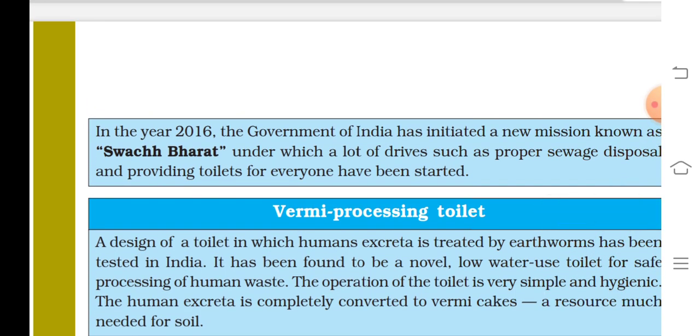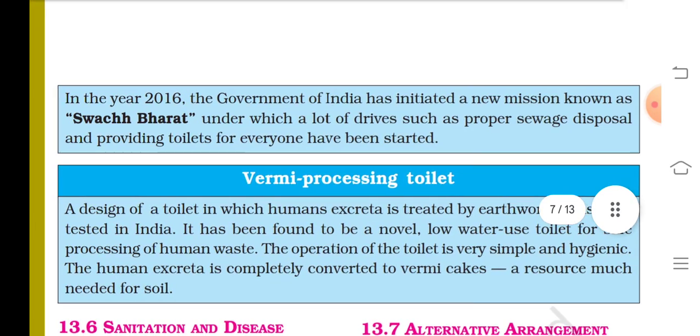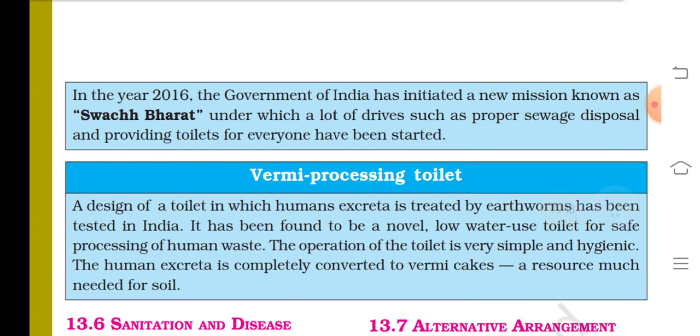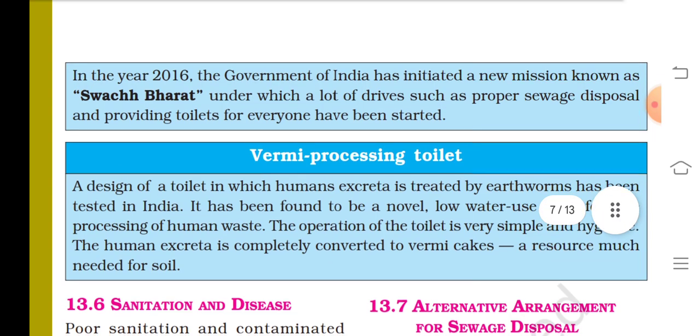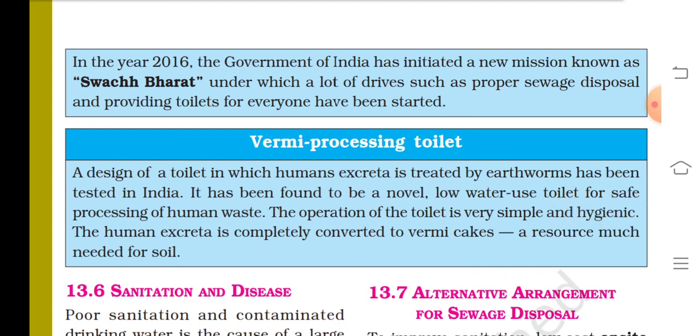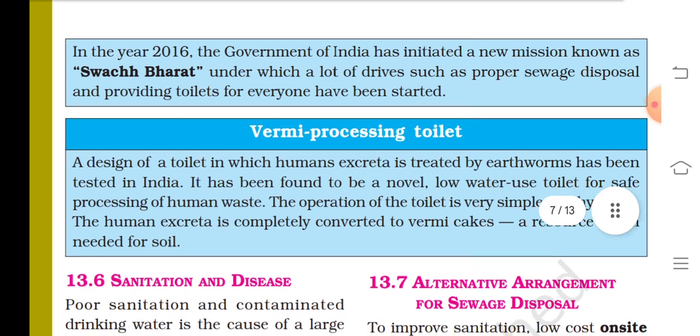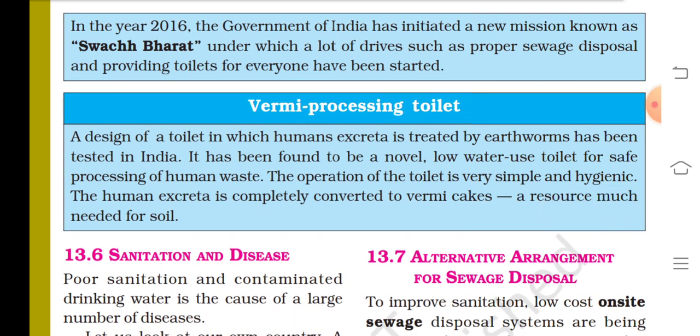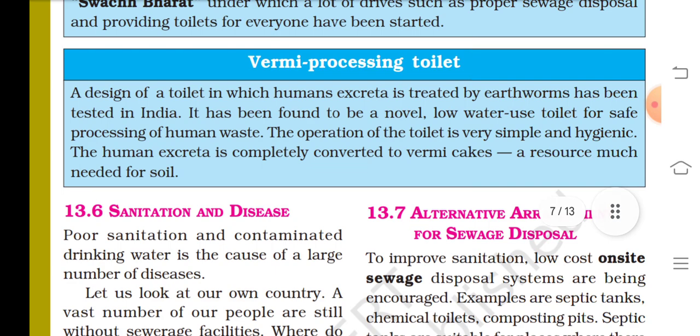In the year 2016, the Government of India initiated a new mission known as Swachh Bharat, under which a lot of drives such as proper sewage disposal and providing toilets for everyone have been started. Vermi composting toilet, a design of toilet in which human excreta is treated by earthworms, has been tested in India.